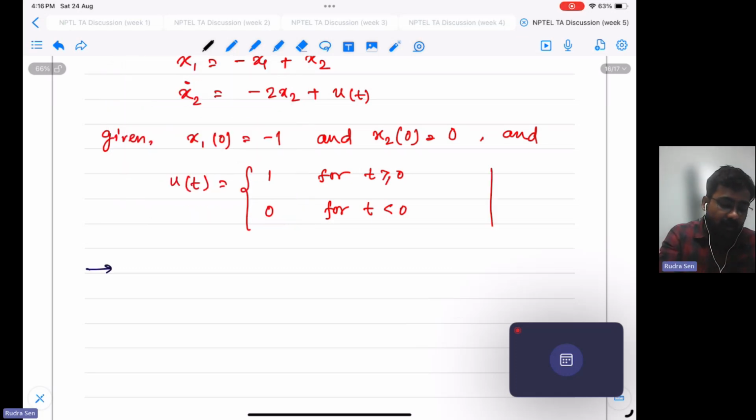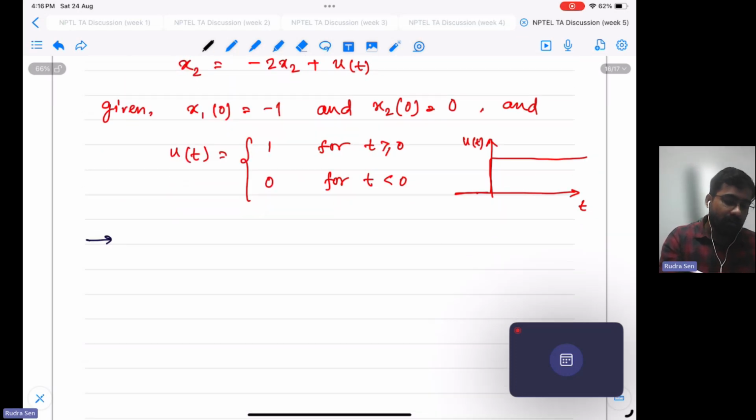It says that for t less than 0, it is always 0, and when t is greater than or equal to 0, you will get a response. So this is t and this is u(t), right? This kind of signal is a step input.